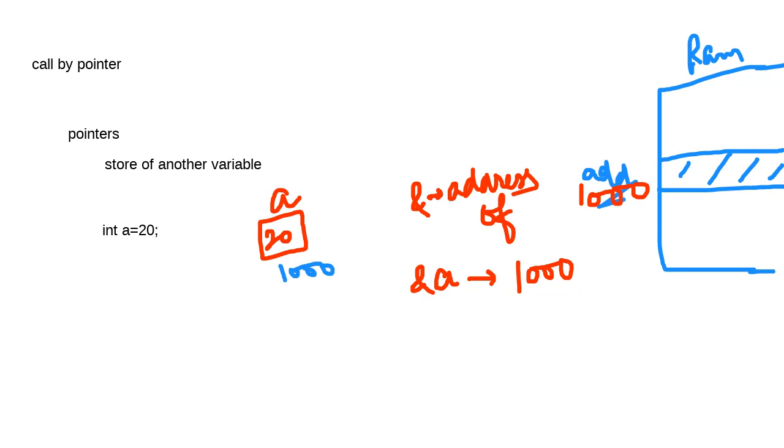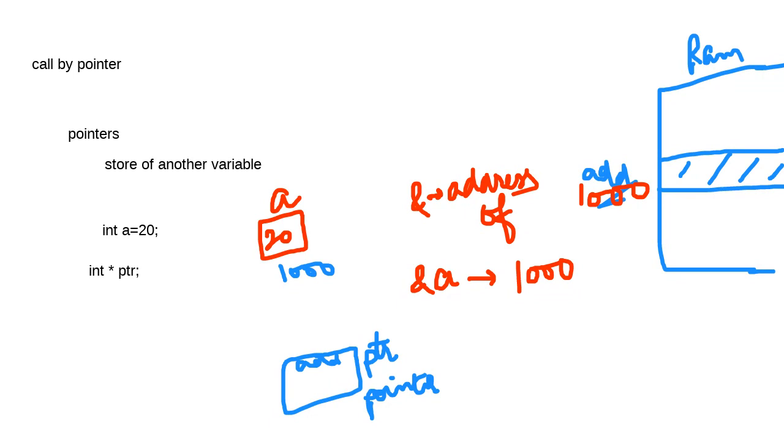When I write int star ptr, can I say another variable is created in the memory? The name of the variable is ptr, and it's a pointer variable. If it is a pointer, that means inside of it we can write an address. Is it pointing to any location as of now?